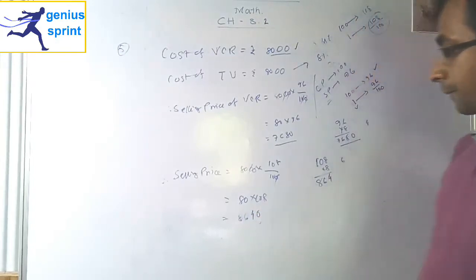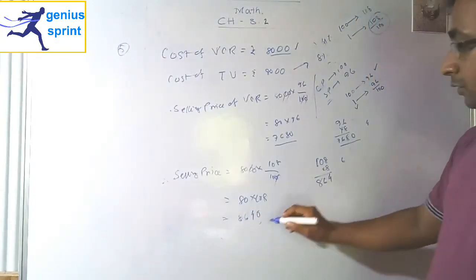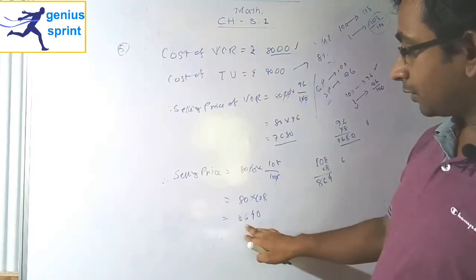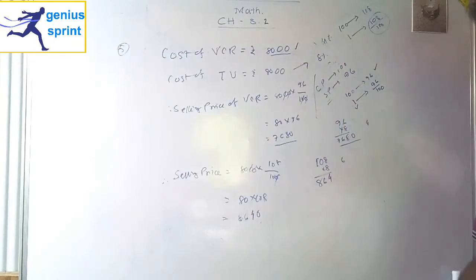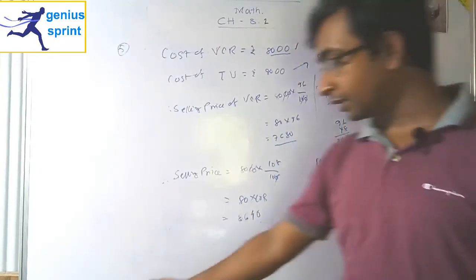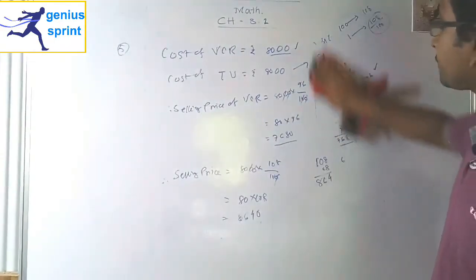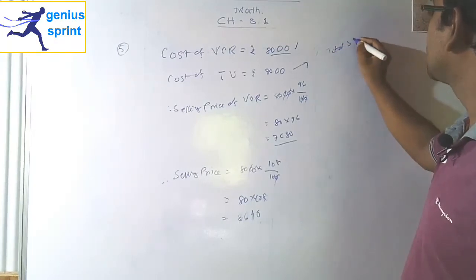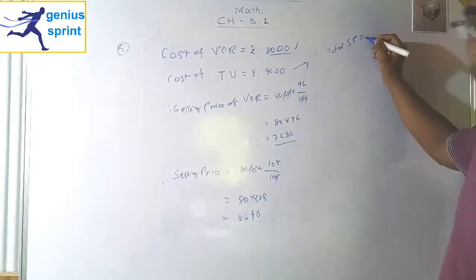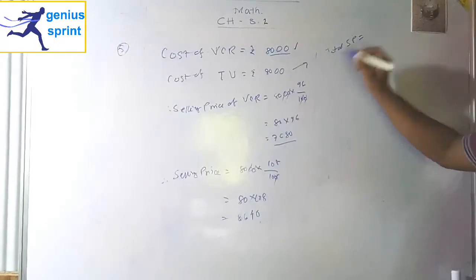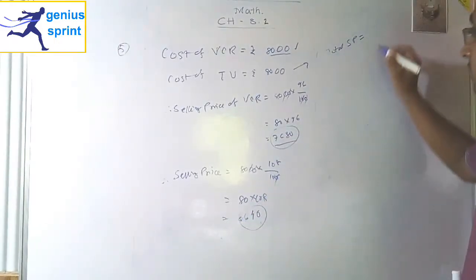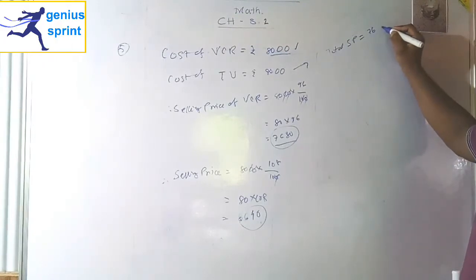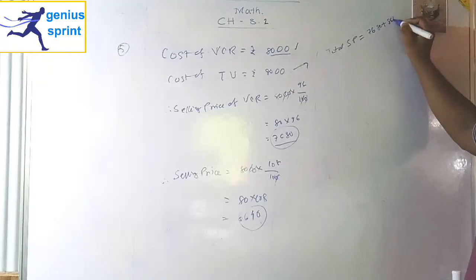See, it is his SP, that means selling price. So by selling this TV at 8,640, he will get 8% profit. Now we have to calculate the total selling price. Total selling price is equal to the selling price of these things, that means 7680 plus 8640.